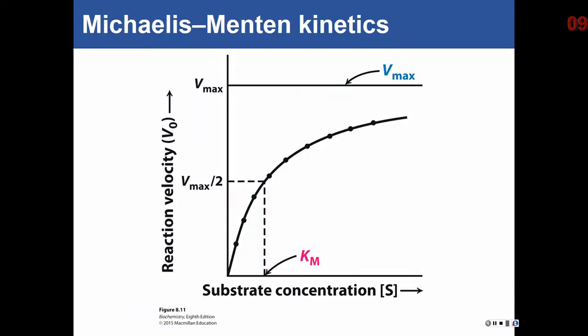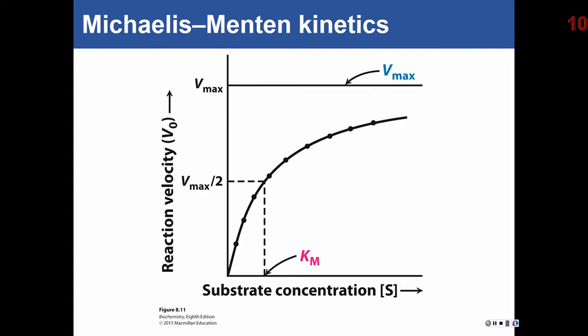They started out by taking a look at the maximum velocity that a reaction could occur at, and then they looked at the substrate concentration, and they looked at the reaction velocity over here. So here's our max, and we're going to approach Vmax. Now, Vmax divided by 2 is going to be what we call the Michaelis-Menten constant. And that occurs at a certain substrate concentration.